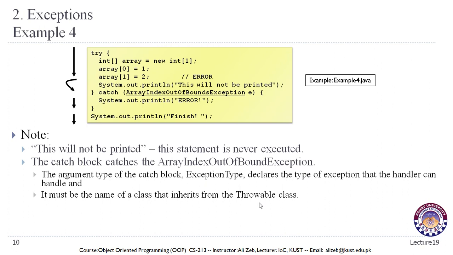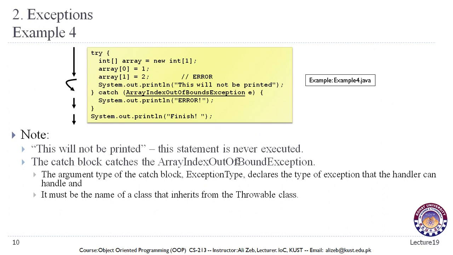So we saw in the hierarchy of our errors or exceptions that the exception class is inherited from the throwable class, and all of these classes are, directly or indirectly, subclasses of the throwable class. So it must be the name of a class that is inherited from the throwable class.